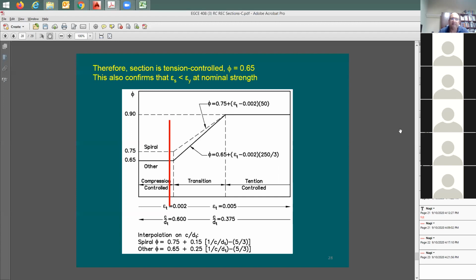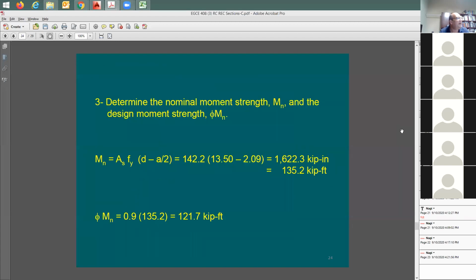It turned out that it's not that straightforward, because the phi factor has been reduced, which means if you think that, let's say, the moment capacity is going to be equal to about 120 for the 3 number 8, you remember this 120 kip-feet? I'm going to take you back to our example. About 120, 122, right? This is going to be for 3 bars. If you make it 10 bars, you cannot just take this value multiplied by 10 over 3. It's not going to work this way, because the phi factor has dropped a lot from 0.9 to 0.65.